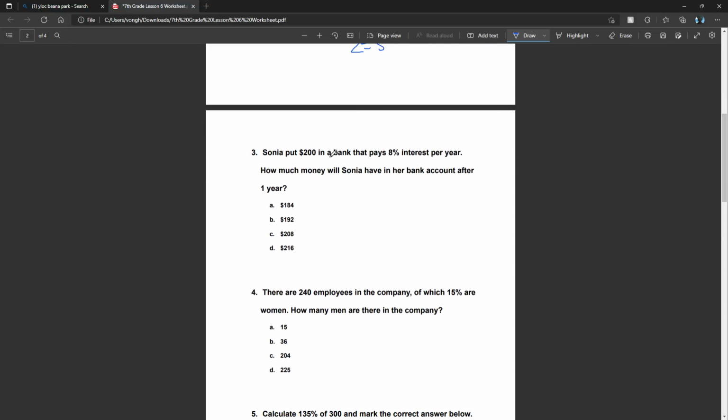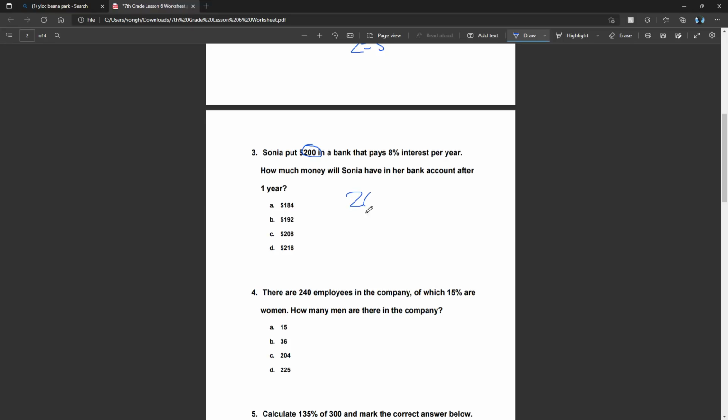Sonia put $200 in a bank that pays 8% interest per year. How much will she have in her bank after 1 year? So first we have to find 8% of 200 because that's how interest works. It's whatever the percentage of how much money you have, and whatever that amount is, you get back.